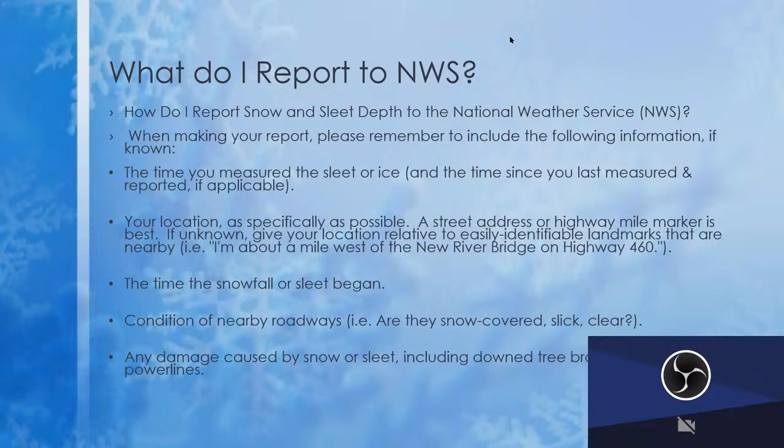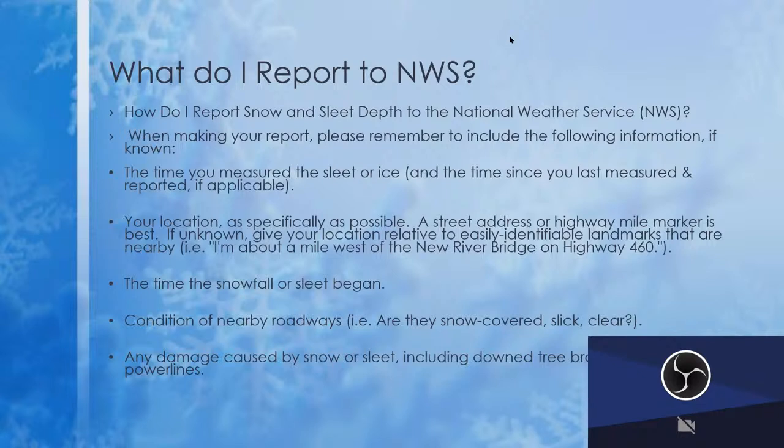If unknown, give your location relative to a landmark, like a mile west of New River Bridge on Highway 460, or I'm 1/2 mile due west of 65 Highway on this street. Or if you have GPS coordinates in your phone that you can provide, they can use those as well.